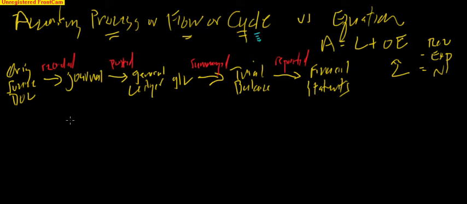Now there are two things: one is a tool and another is a rule that we're going to rely upon as we're working through the accounting cycle. The first tool is something called a T account.